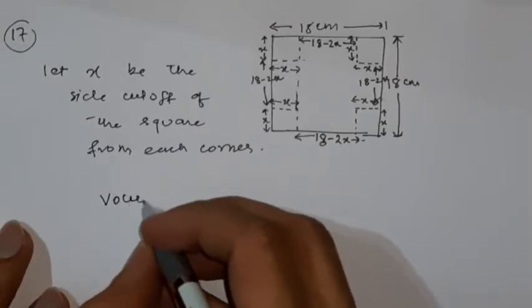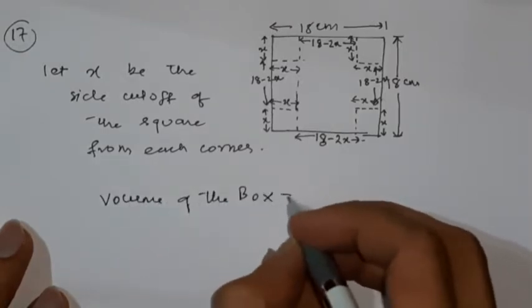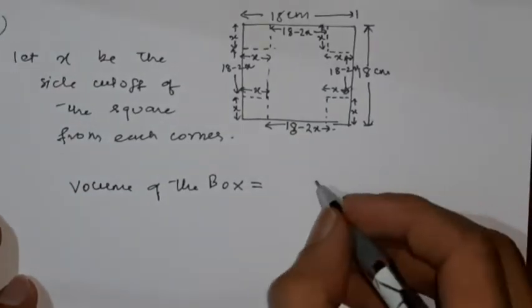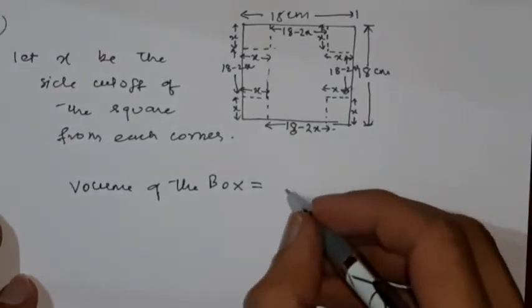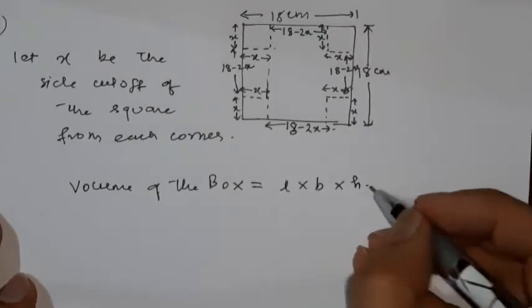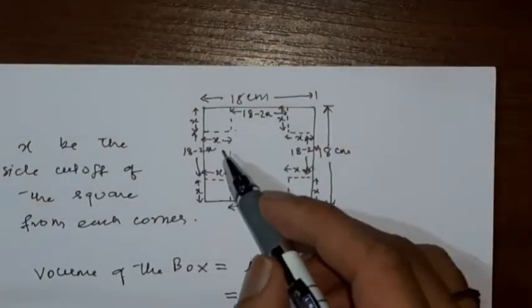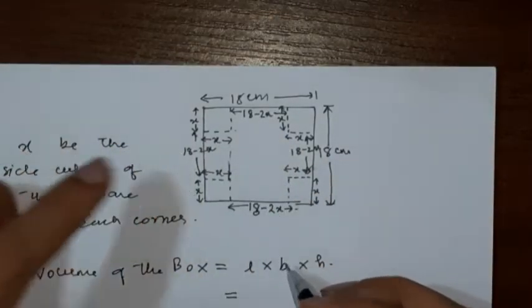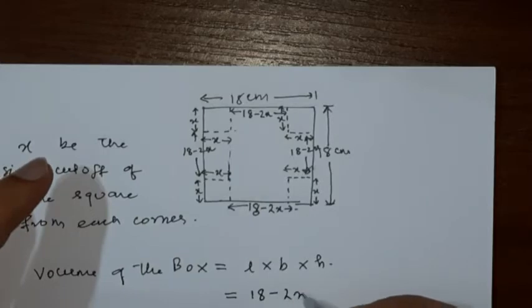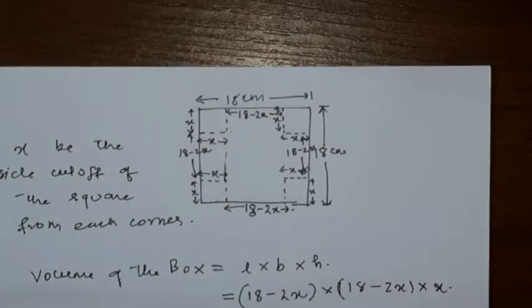So for that we want to consider the volume of the box. Volume of the box is length into breadth into height. The length we considered was 18 minus 2x, breadth was also 18 minus 2x, and the height was x.